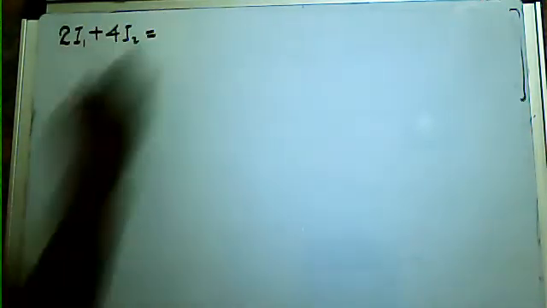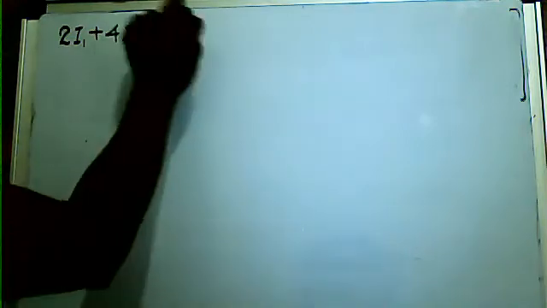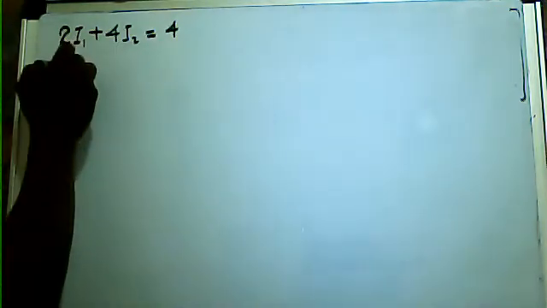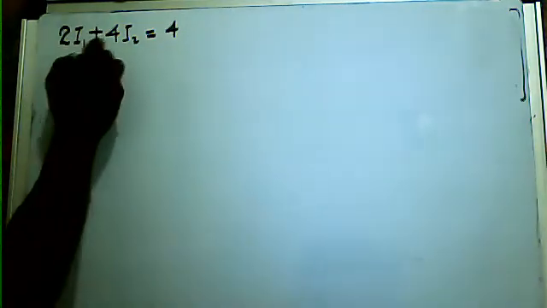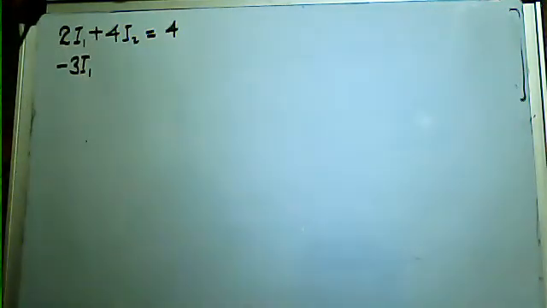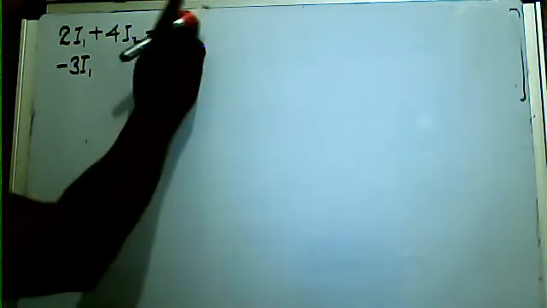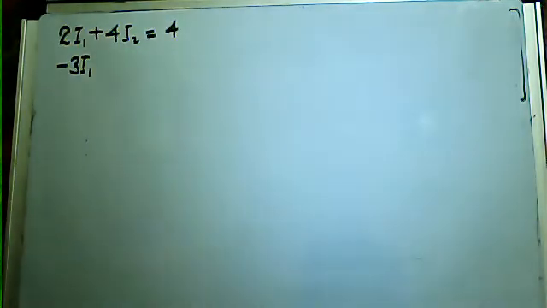So, what you have is 2I1 plus 4I2 is equal to 2, and negative 3I1 plus I2 is equal to 11. You are seeing, eh?